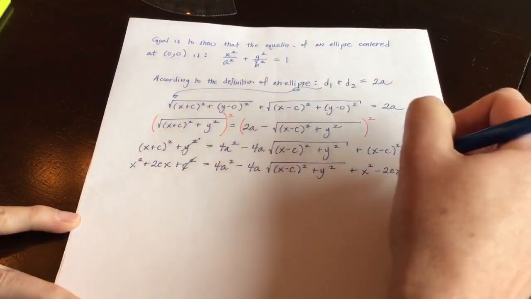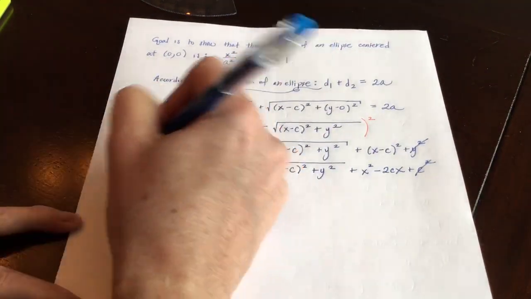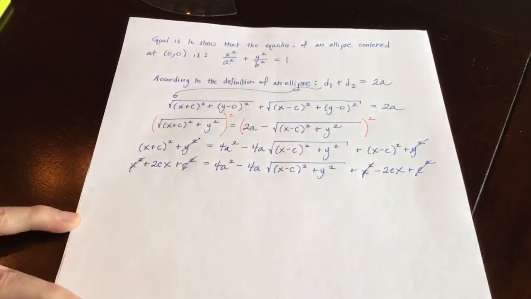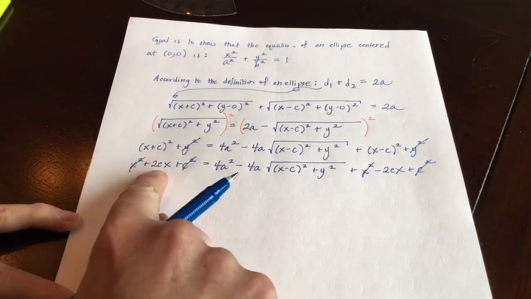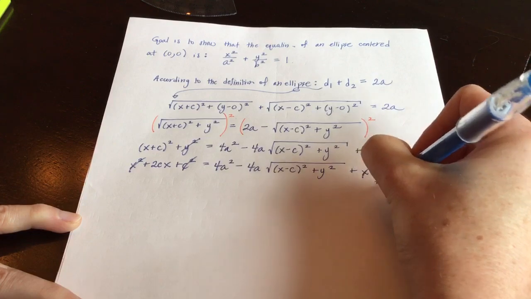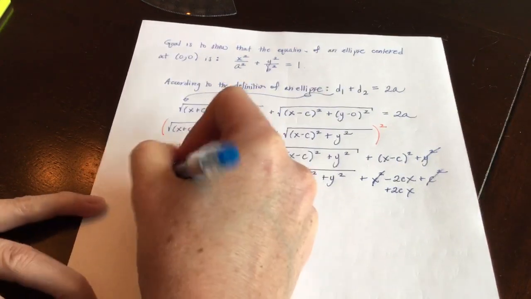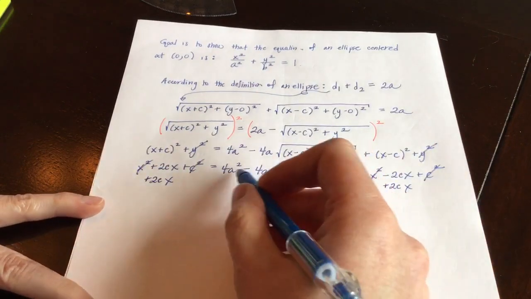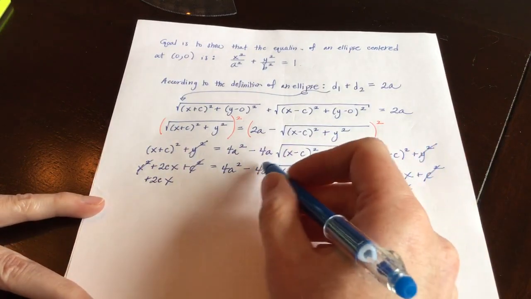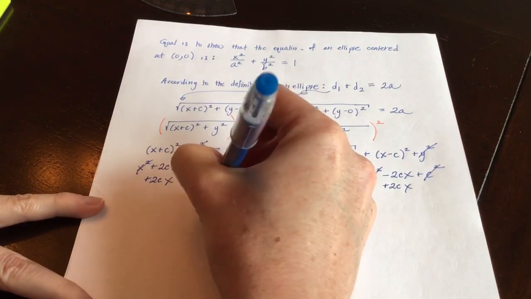These c squareds you could subtract off from both sides, and then the x squared, it looks like, also. Boom, there we go. That was fun. And then notice the 2cx and negative 2cx, they're at least like terms. So if you add 2cx over, you could at least combine them together. And then, as I mentioned before, I do want to isolate the expression that has this square root in it. So I'm also going to subtract the 4a squared over.